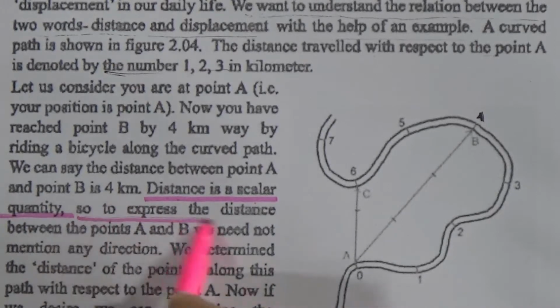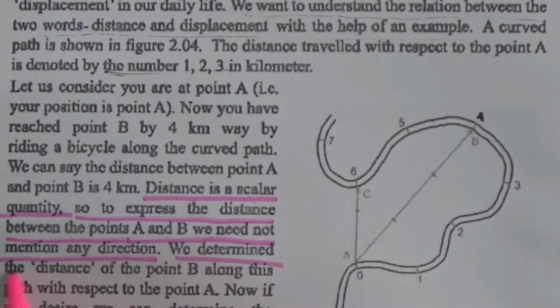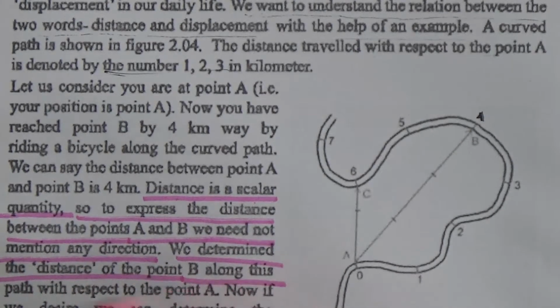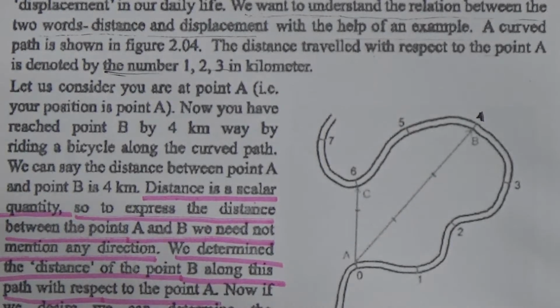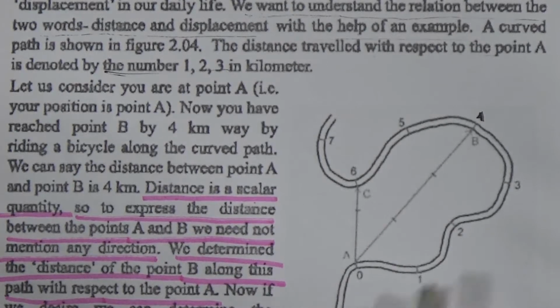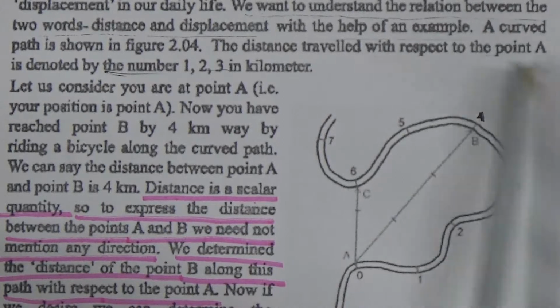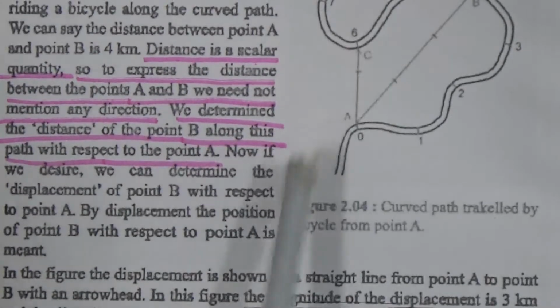So to express the distance between points A and B, we need not mention any direction, okay. So we determine the distance of point B along this path with respect to point A. Now if we desire, we can determine the displacement of point B with respect to point A. By displacement, the position of point B with respect to point A is named, okay.